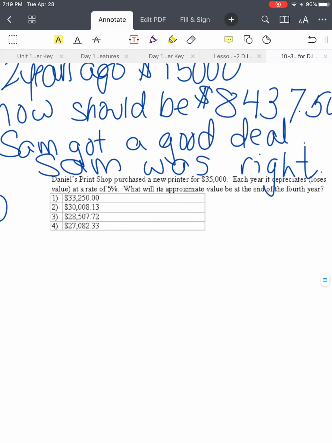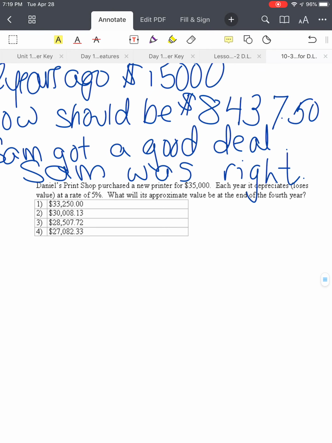So let's get another one. Daniel's print shop purchased a new printer for $35,000. Each year it depreciates, there's that word again, loses value at a rate of 5%. What will its approximate value be at the end of the 4th year?